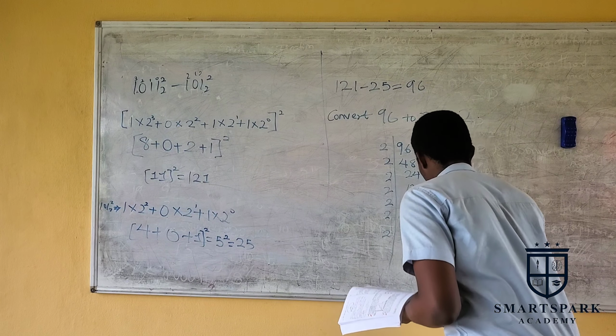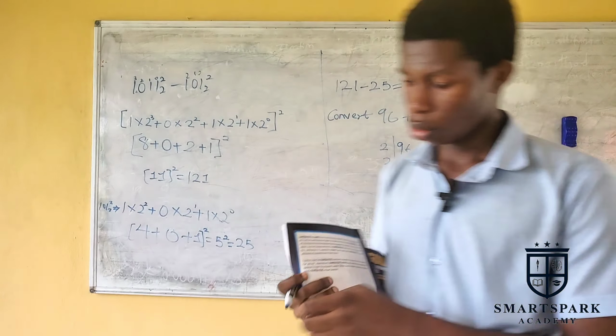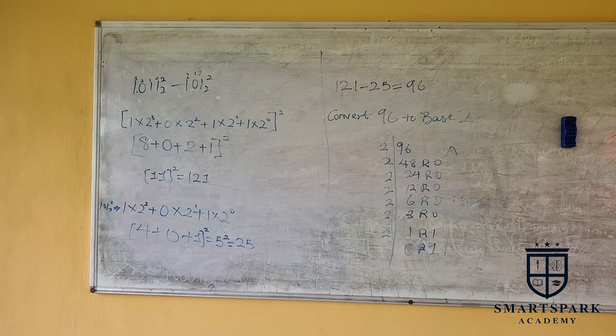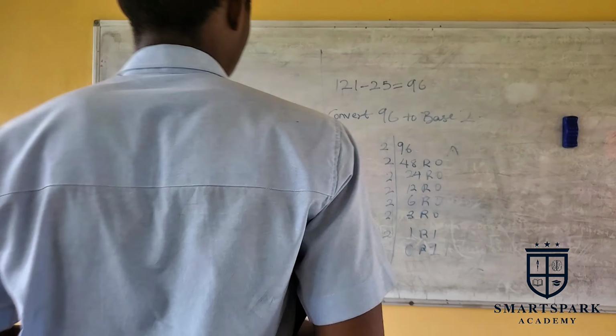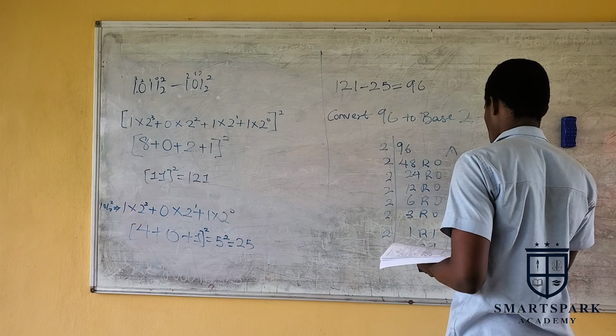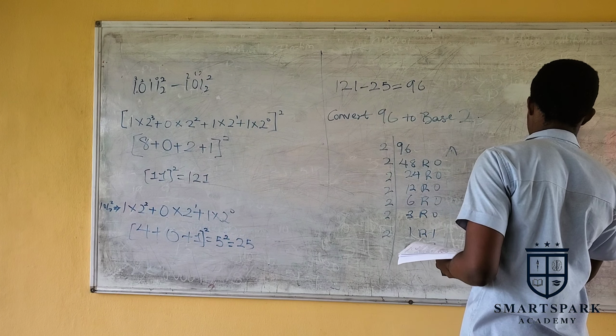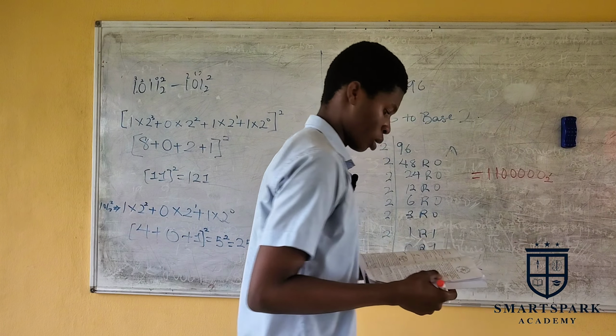So we are going to take our reading up, which translates to 1100000. So this is in base 2, and this is our final answer.